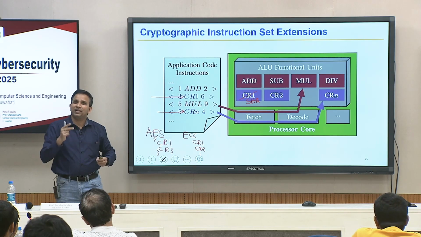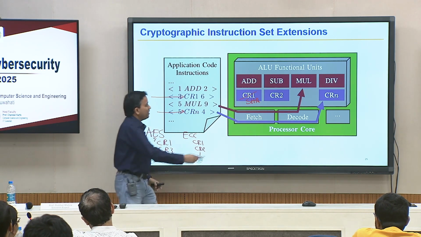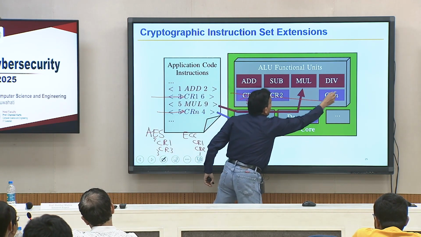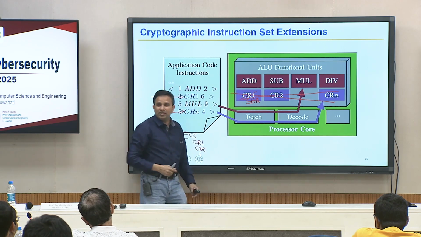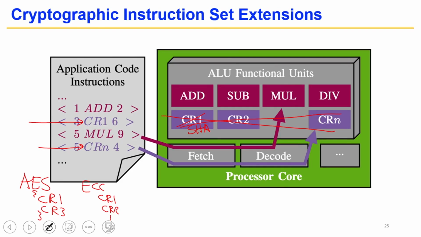RISC-V has at least 2 if not 3 instruction set manuals, one for the original one which does not have any of those, another for people interested in operating system kernel level programming, which is the privileged one. Unlike most processors where everything is in the same manual, they have 3 different manuals, and the third one will have just the cryptographic extension.